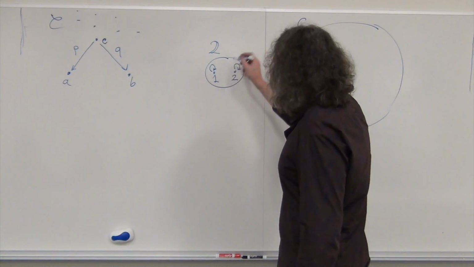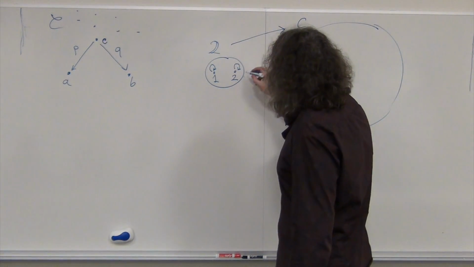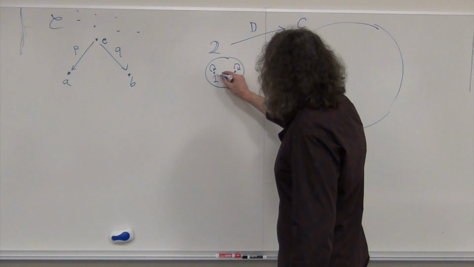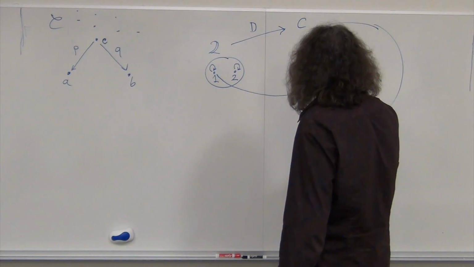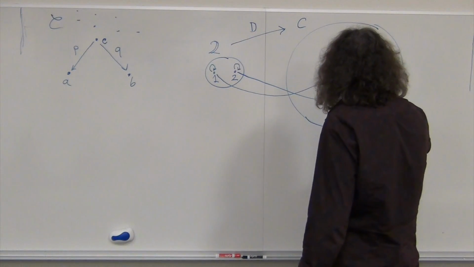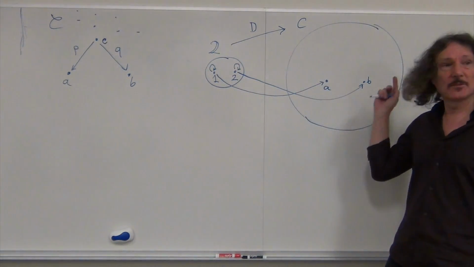So any functor that we define from 2 to C, right? Let's call this functor D, okay? It will map object 1 to some A, and it will map object 2 to some B. And there we go, we have a selection of two objects.